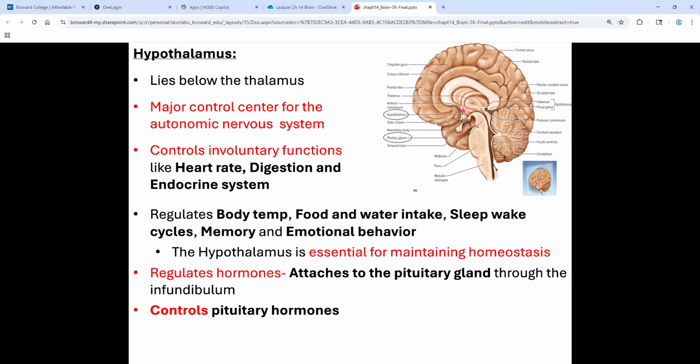Always think about the pituitary gland as a master endocrine gland. It's because it controls the other endocrine glands, right? But there is a master above it. And that is the hypothalamus.